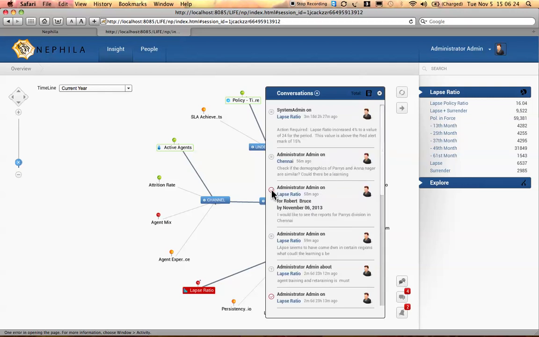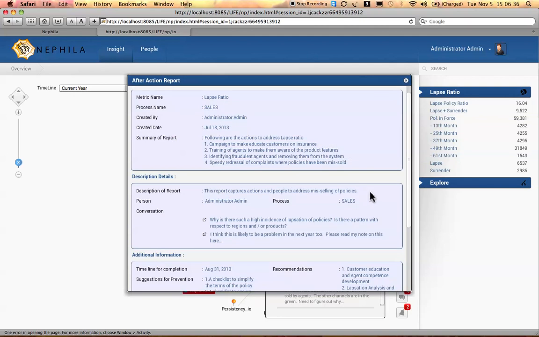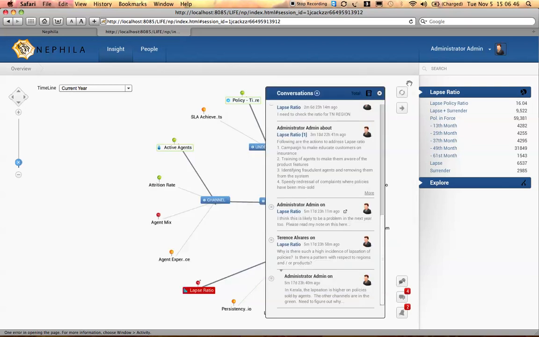For example, I have had a conversation with Terence Alvarez and with Robert Bruce, and basis this conversation I have been able to establish a solution, and the report I submitted after the action was taken is documented here.